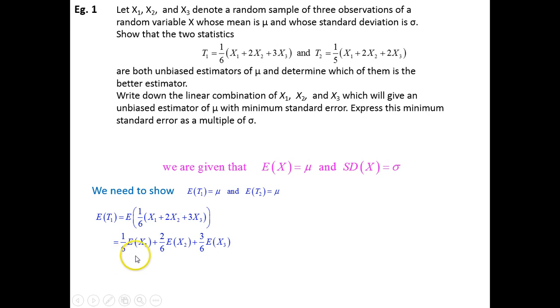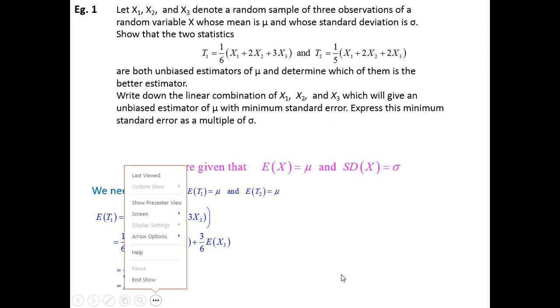So I've got 1/6 times the expected value of x1, and then 2/6 times the expected value of x2, plus 3/6 times the expected value of x3. Each expected value is mu. So I've got 1/6 of mu plus 2/6 of mu plus 3/6 of mu, giving me 1 whole mu.